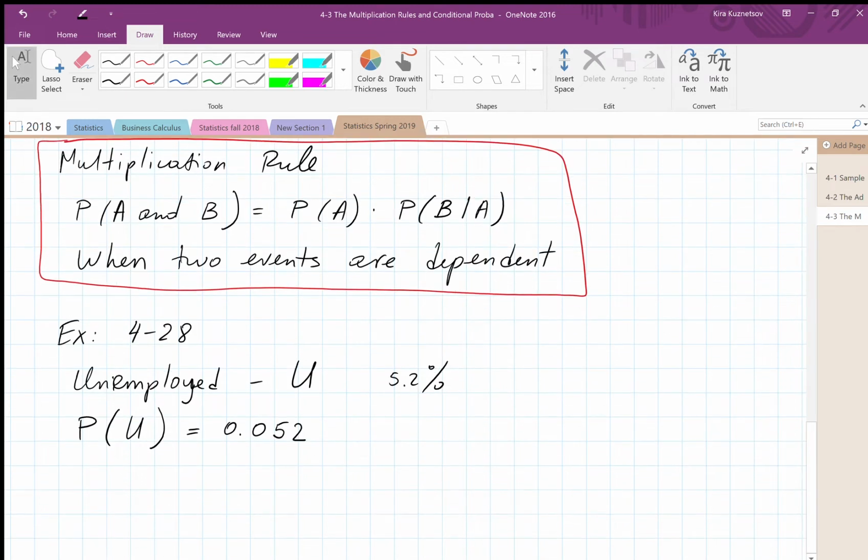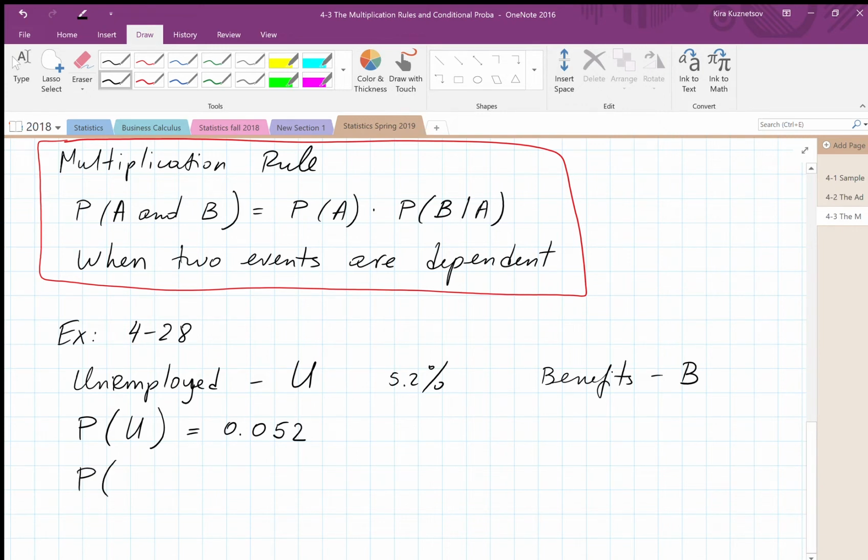So I'm going to give it another label. Benefits, I'm going to label as B. Now that one is given to me at 33%, but 33% of those who were unemployed.